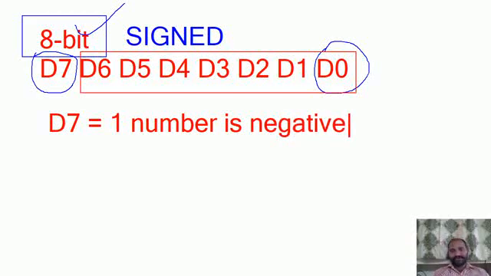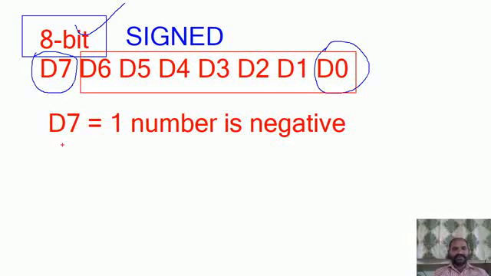It means the quantity specified by D6 to D0 is preceded with the negative sign. So that is the use of the most significant bit in signed numbers.